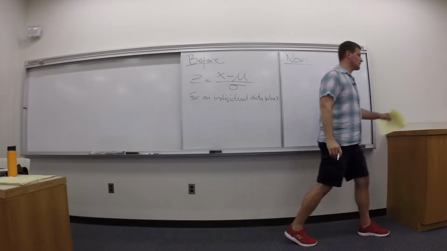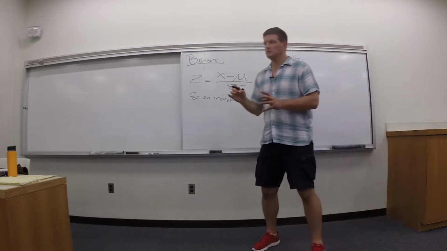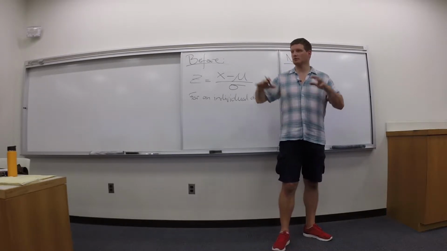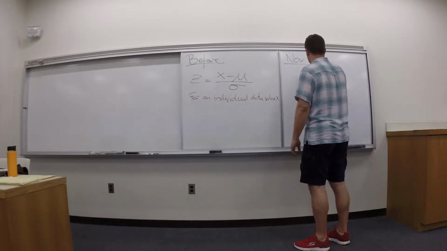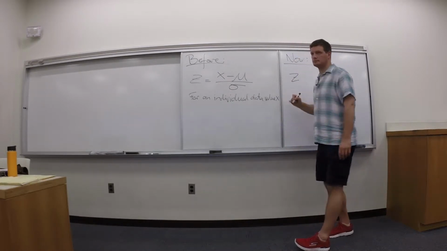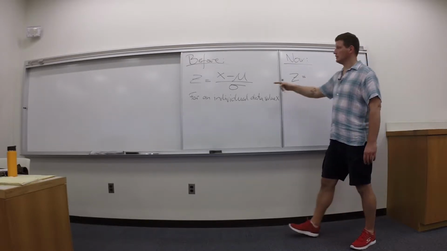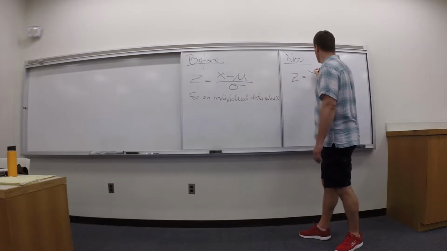Now we are no longer talking about a single data value, right? Now we're in chapter 4, we are talking about a sample. So we still have our z-score, and what? We no longer have x, so what do we have instead? X bar, right?